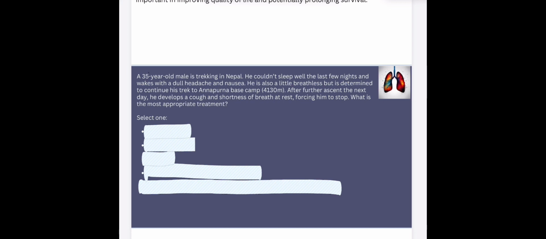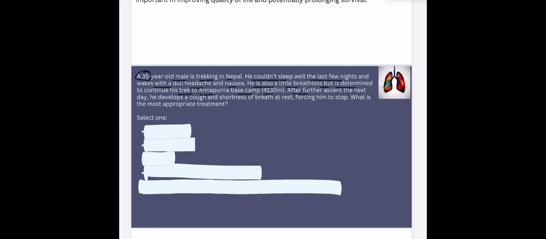Next question. A 35-year-old male is trekking in Nepal. He couldn't sleep well the last few nights and wakes with a dull headache and nausea. He is also a little breathless, but is determined to continue his trek to Annapurna Base Camp, 4,130 meters.